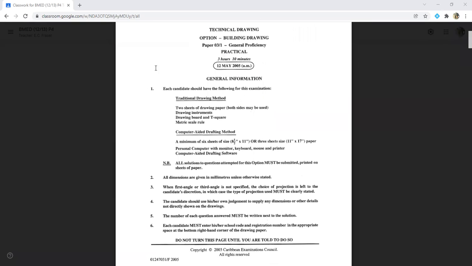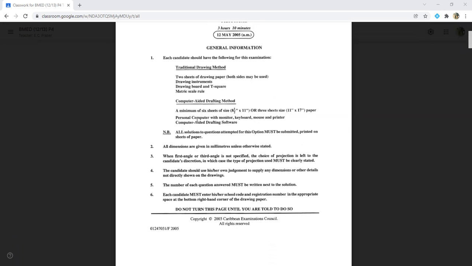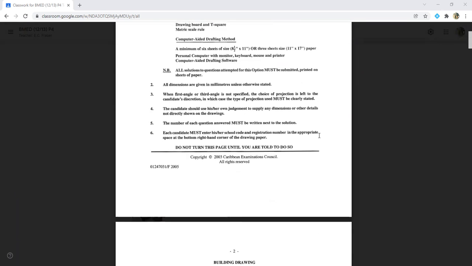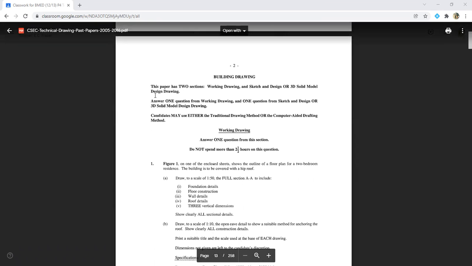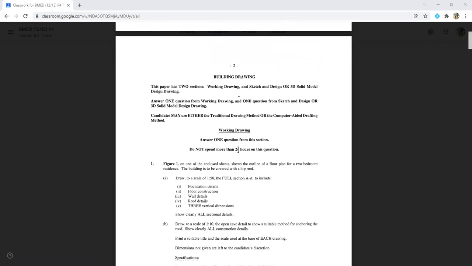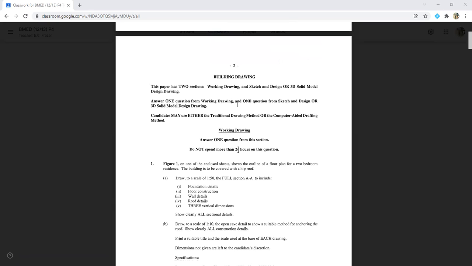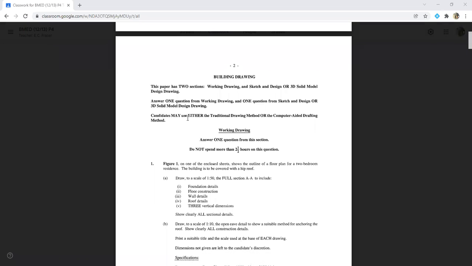On every paper, you will see the cover page looking just like this. Everything is stated here, and I will not be going through this as you have access to this past paper. All right, so this is the building drawing section. It says that this paper has 2 sections, working drawing and sketch and design, or 3D solid model design drawing. Answer 1 question from working drawing and 1 question from sketch and design, or 3D solid model design drawing.